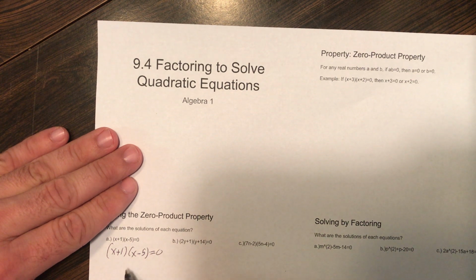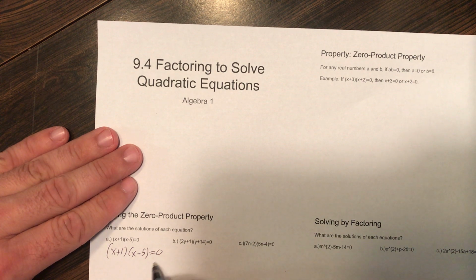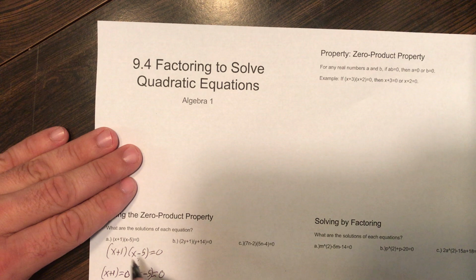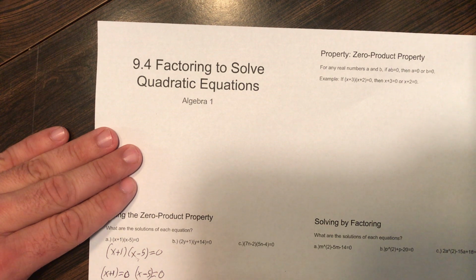So basically what we're going to do is break this apart because one of these has to equal 0. So x plus 1 has to equal 0, or also x minus 5 has to equal 0. One of those has to equal 0 so that when we multiply, we know we're going to get 0. Let's solve what x would have to be.